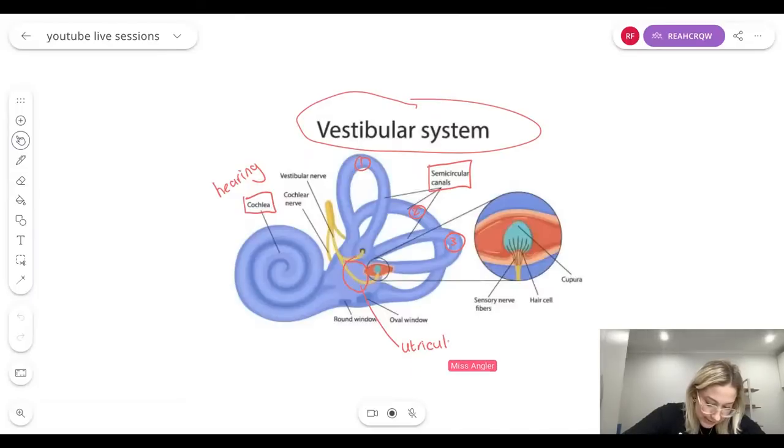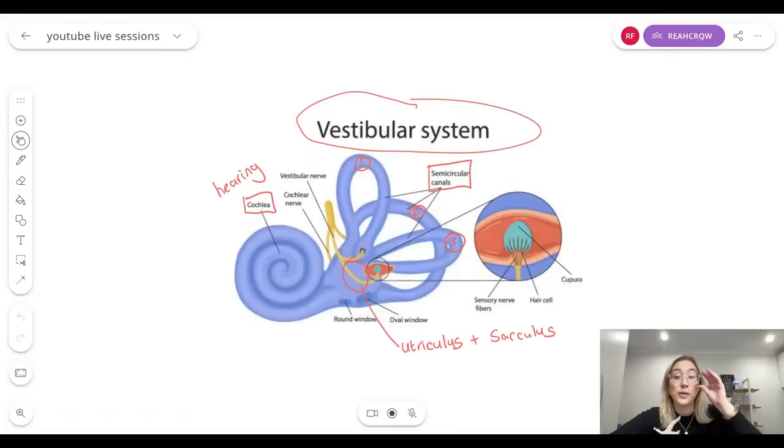So their function is to tell you where the body is in relation to gravity, basically. So in other words, is the body standing up or is it lying down? That's it. Not to be confused with the semicircular canals. They are telling you which direction the body is going in.